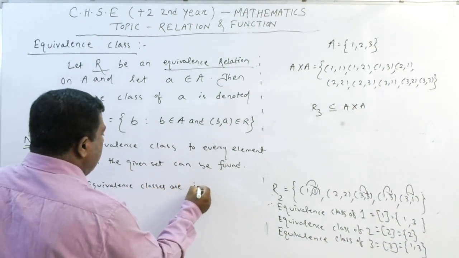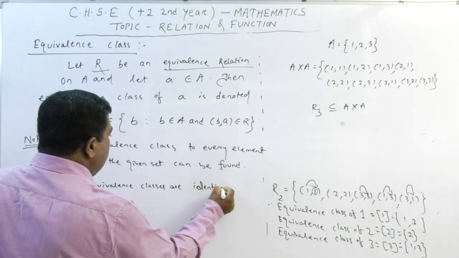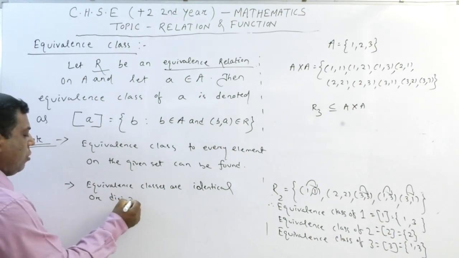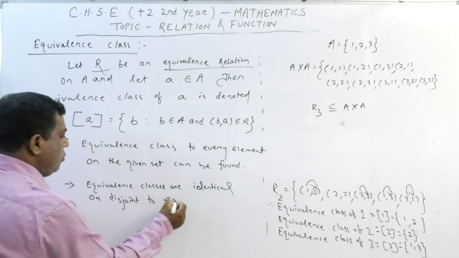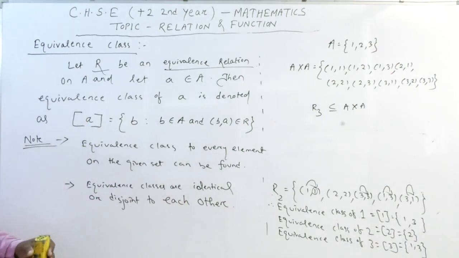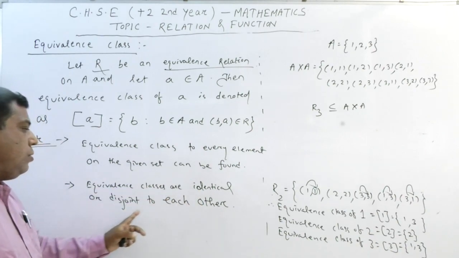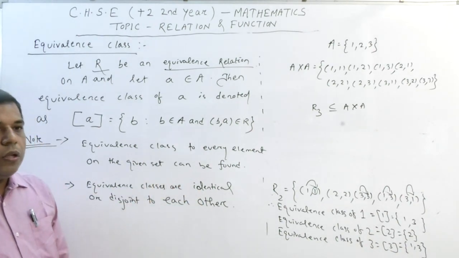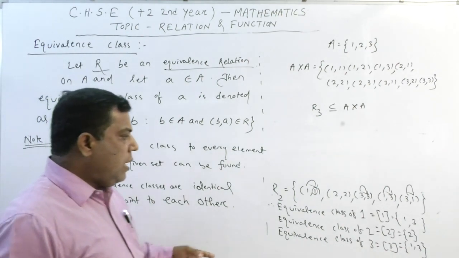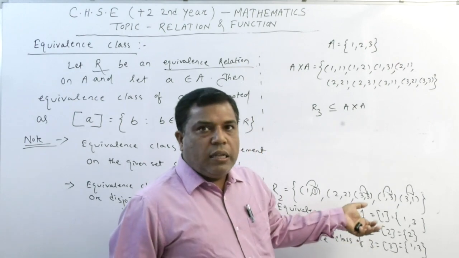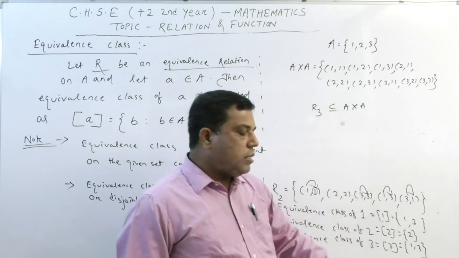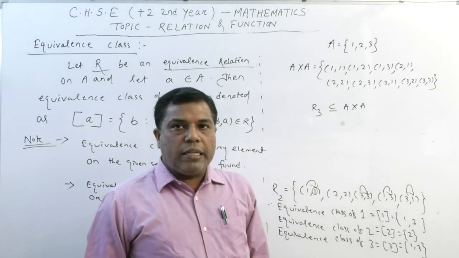Next we will write that equivalence classes are identical or disjoint to each other. What does it mean? Now let us check it. We found the equivalence class of 1, the equivalence class of 2, and the equivalence class of 3.